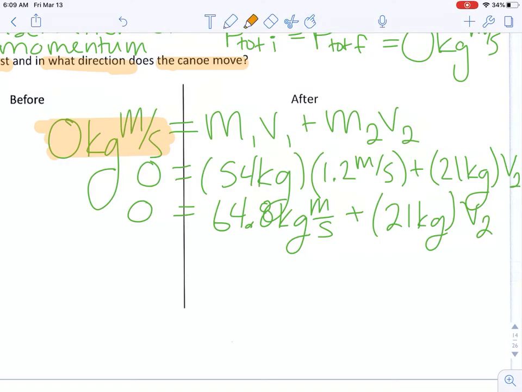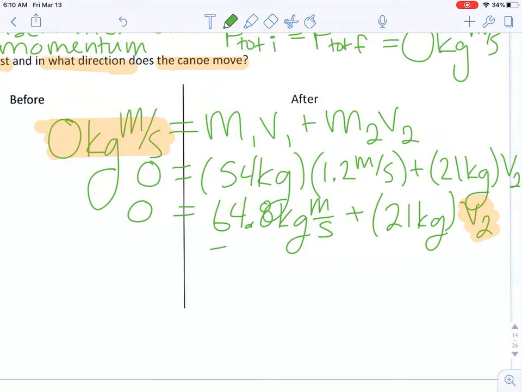Now, I cannot add my 21 and my 64.8 because of that V2, because both terms would need to have a V2 attached to them in order for me to add them together. So since they do not both have that letter hanging out, I cannot add them.